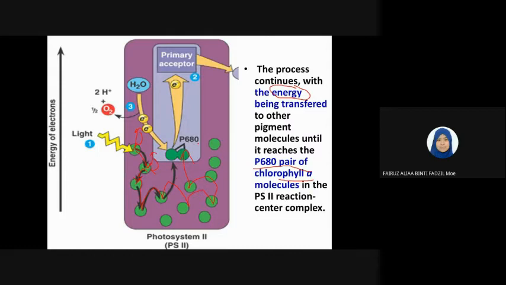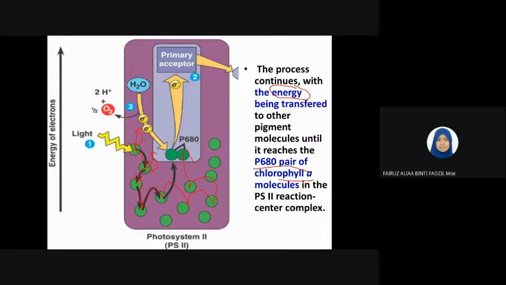Now once the energy reaches the P680, what happens to the P680? You see in this diagram, the electrons are being raised to the excited state. That's what happens to the P680.